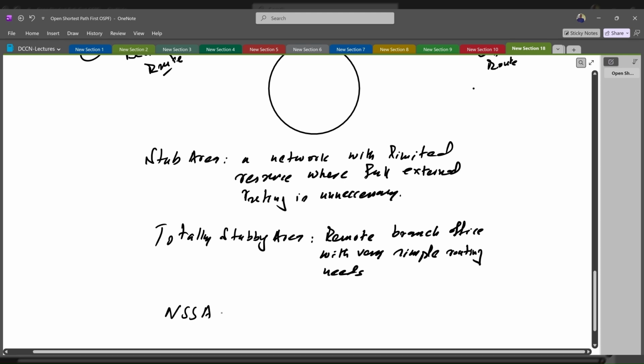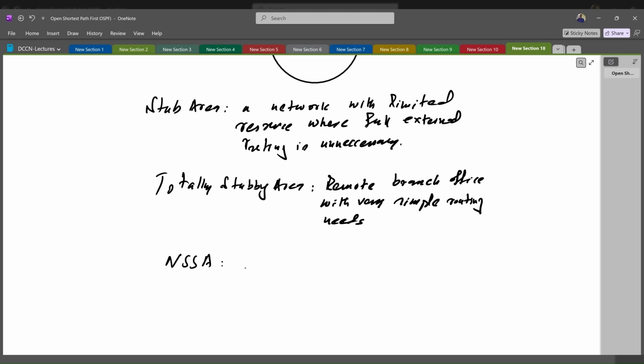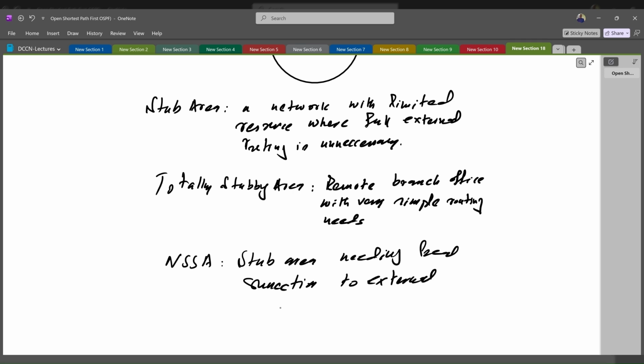So you can think of it as a stub area needing local connection to an external network.